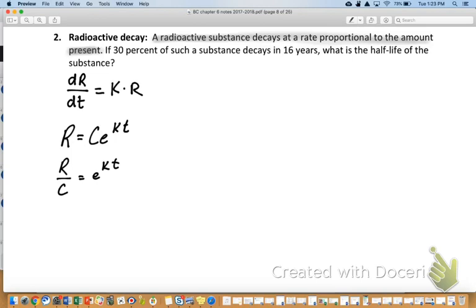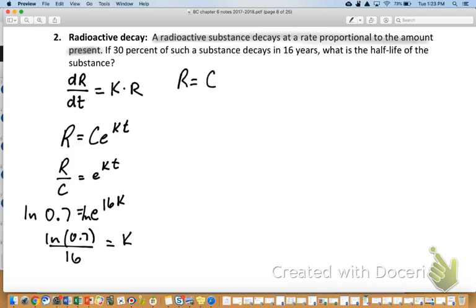So I would write 0.7 equals E to the 16K. You can see this will allow me to find my K value. So I'd go ln of both sides. This gives me ln of 0.7, all divided by 16, is equal to K. So I could go up here and write R equals CE to that K value times T.